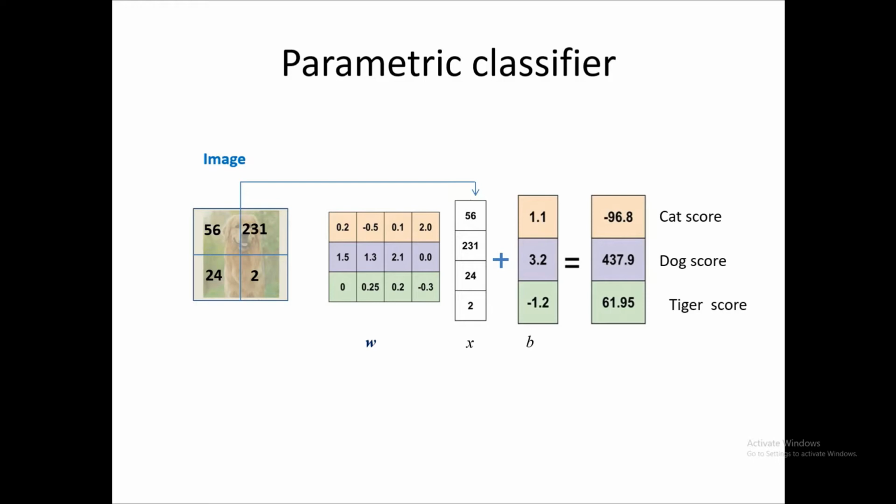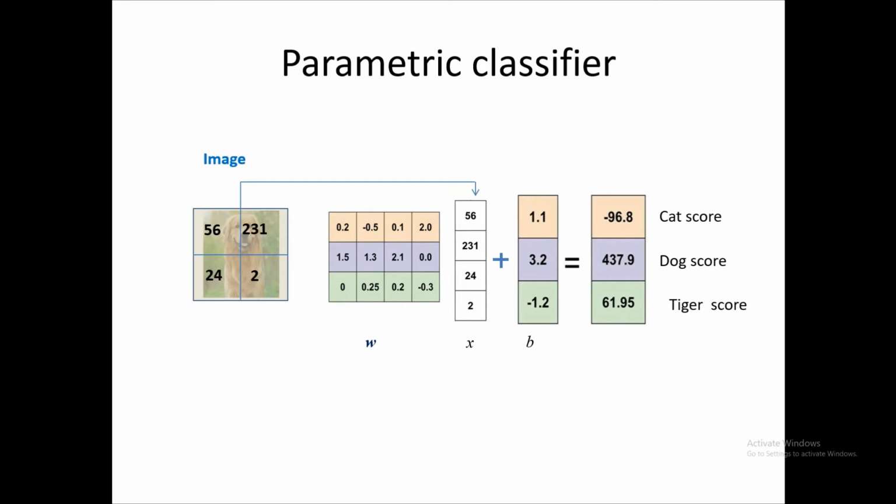The category score is the inner product between the pixels of the image and the row of the weight matrix, added together with the bias term, and this bias gives a data independent scaling offset to each of the classes. In this way we can obtain the score for each category from the input image and the weight vector.